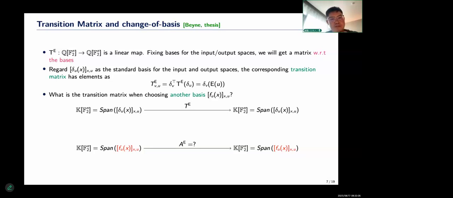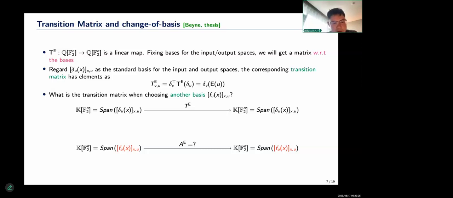So with Ben's ideas, T_E is a linear map. If we find a basis for the input space and output space, here the space will be the F2 vector space, we will get a matrix of the linear map T_E.